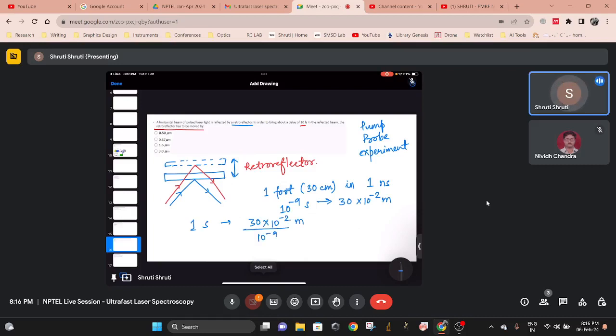So we need a delay of 10 femtoseconds. For 10 femtoseconds, it will be just the unitary method. Multiply into 10, and femtosecond is 10 to the power minus 15 seconds. Upon the unit cancellation, seconds cancel and we get it in meters.